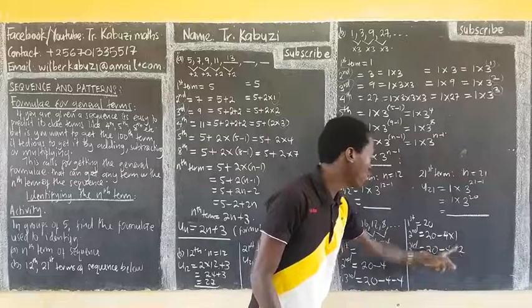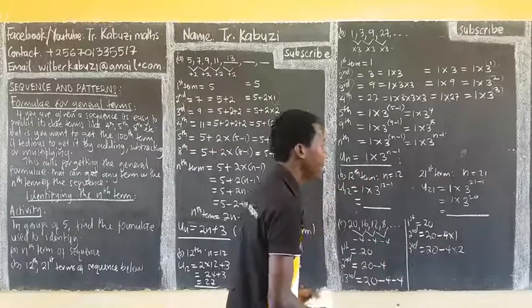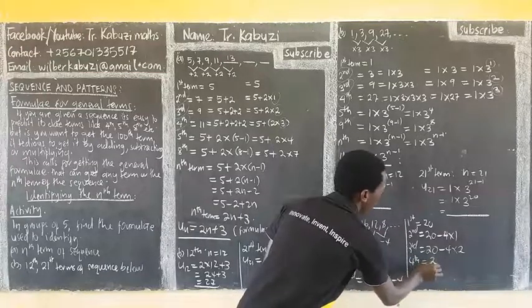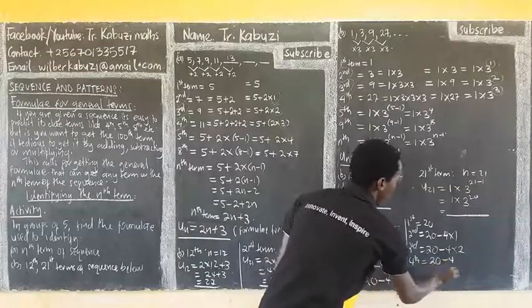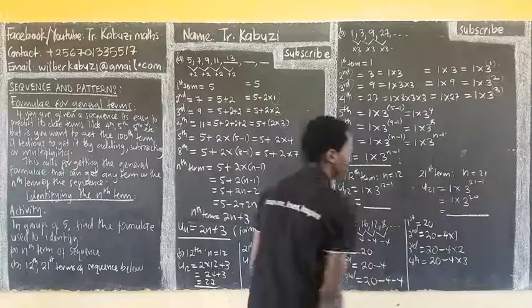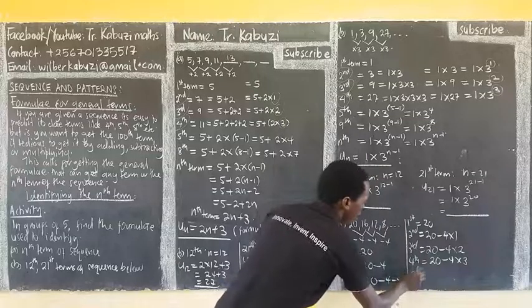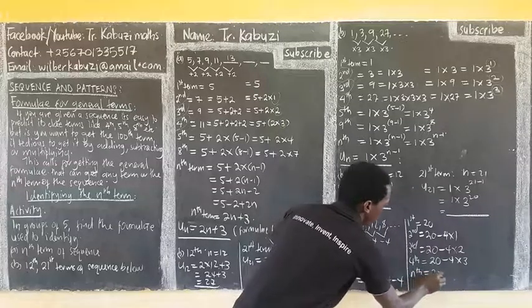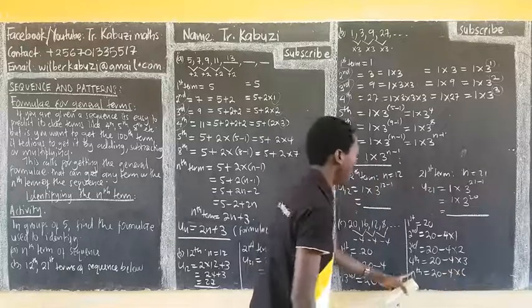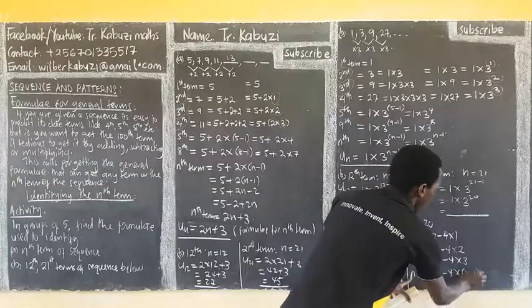Third, 2. Second, so from there, you can even reduce to the fourth. The fourth is going to be the first, then minus 4 times 3. So now our nth term is going to be 20 minus 4 times n minus 1.